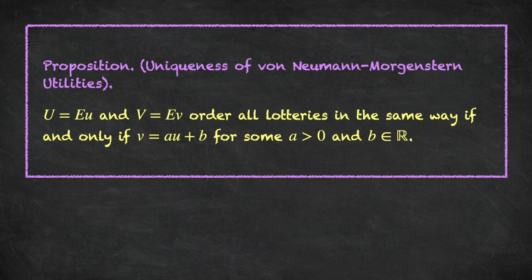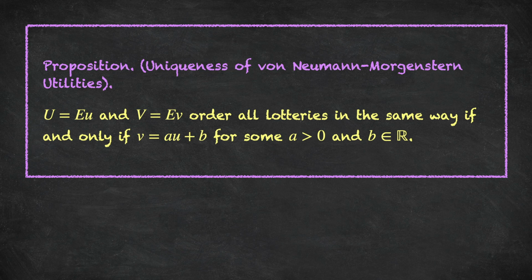If we have two utility functions for lotteries, capital U and capital V, and capital U is an expected utility function using little u, the von Neumann-Morgenstern utility, and capital V is also an expected utility form using a von Neumann-Morgenstern utility function little v, then these two are ordinally equivalent.